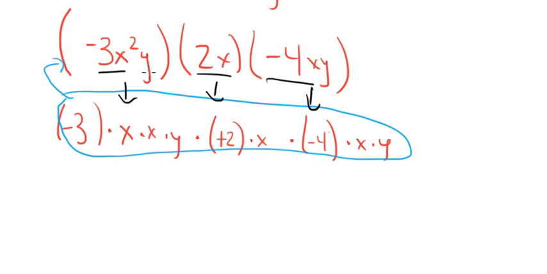You see how we took negative 3x squared y, and in longhand it's negative 3 times x times x times y. 2x is the same thing as saying 2 times x. Negative 4xy is the same thing as saying negative 4 times x times y. Between these variables there are really little multiplication signs, but we don't show them. They're understood to be there. I'm putting them in now, but they're just known to be there. You're supposed to know that we multiply all those things together, Amanda.